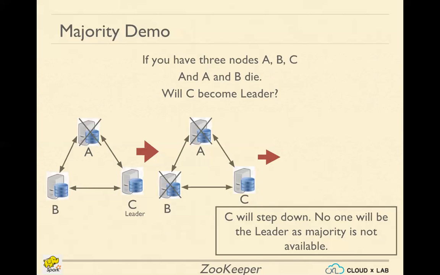Now, the question that we are trying to understand is a scenario. Imagine we had 10 nodes, 10 Zookeeper servers, and let's say 5 of the servers are dead. The remaining 5 are active and working fine.